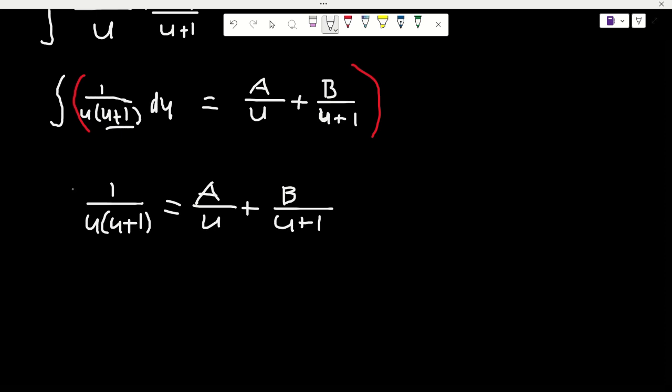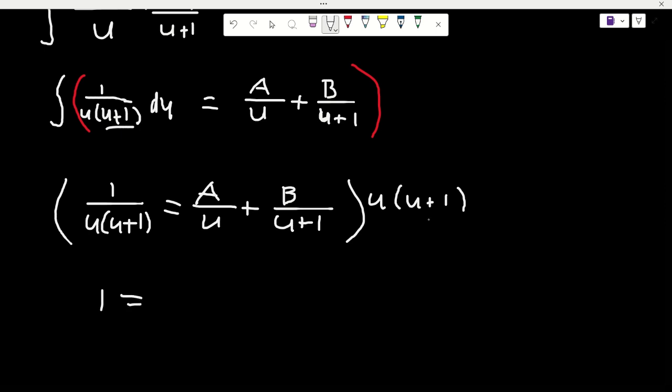Now, the next thing we are going to do is to multiply both sides by the least common denominator, which is u times (u plus 1). So the left side will be equal to 1.